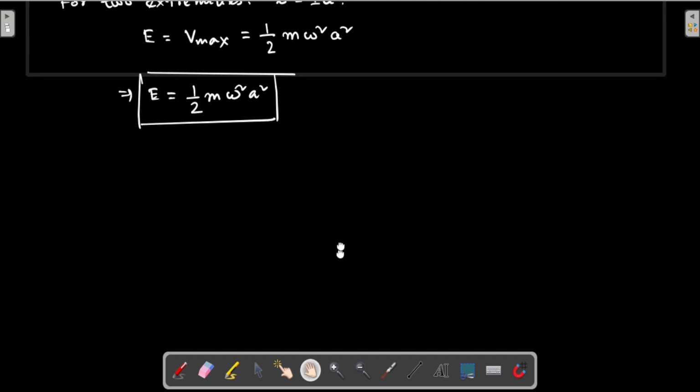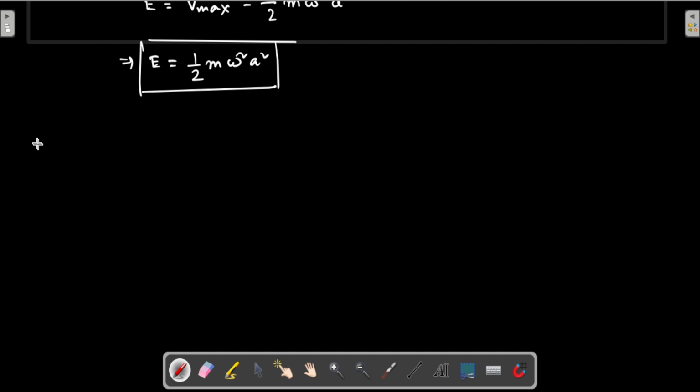Now we will derive, as we know, the integration from a to b of p dx equals (n plus half) times pi times h cut. By this equation, at first we will derive the left hand side, then we will go to the right hand side.